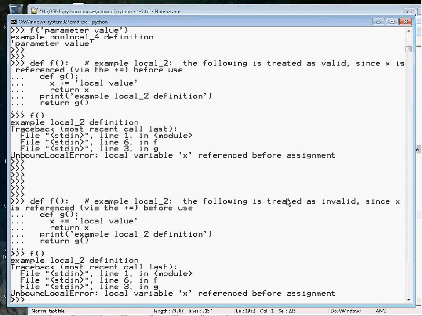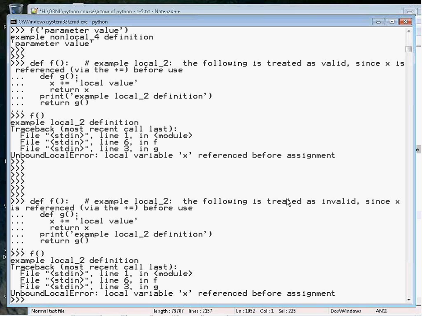whether there's an X at global level. What does the sign do? Assignment, right? X equals 3, X plus 7.